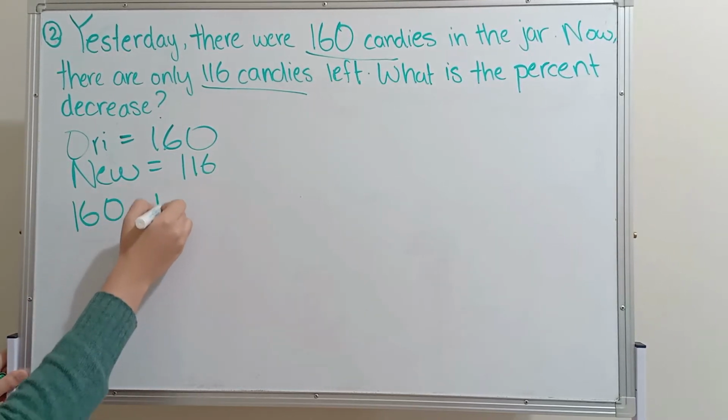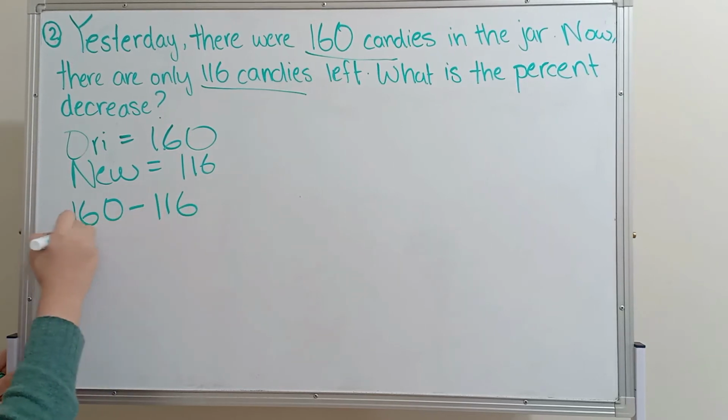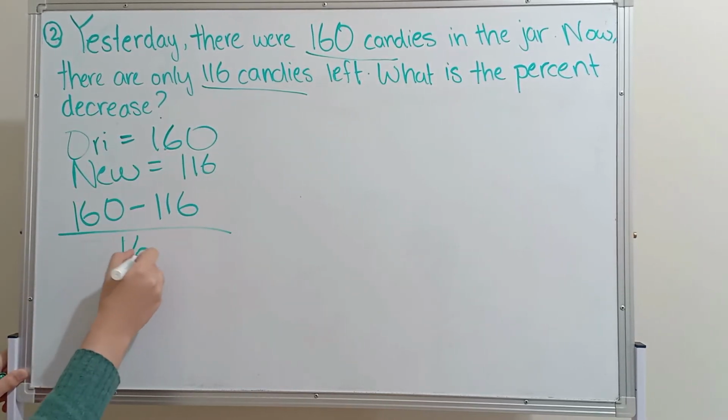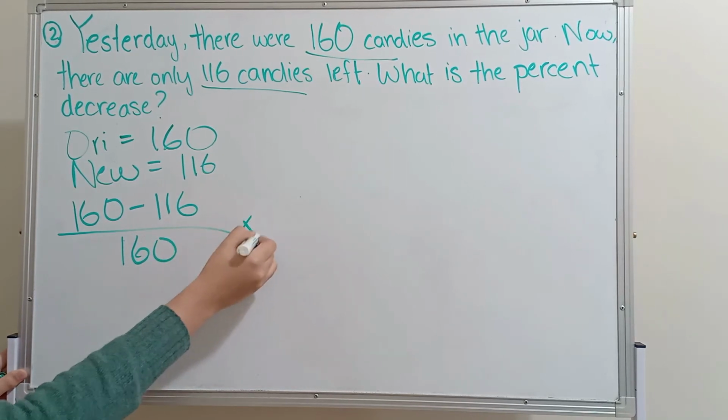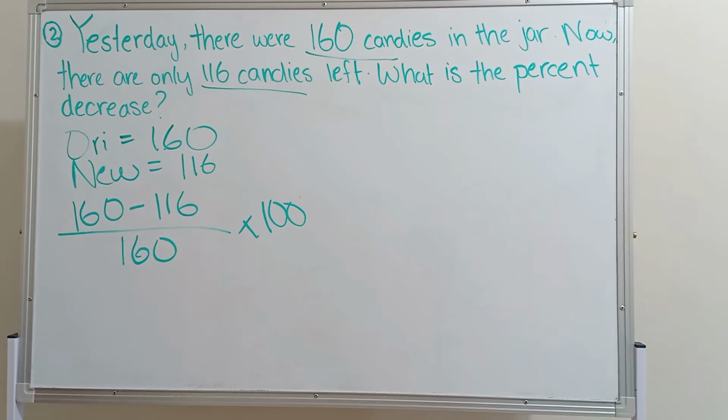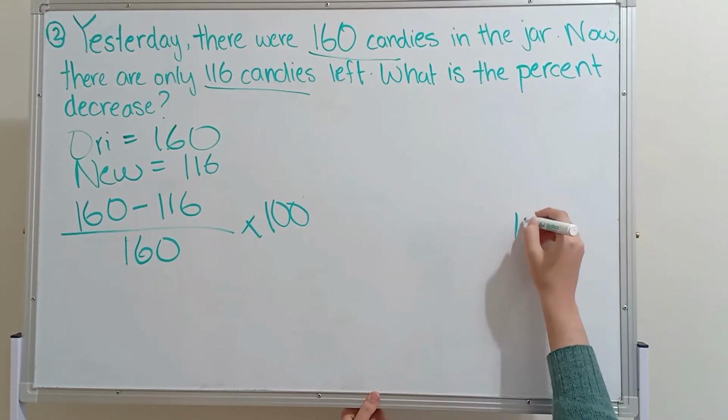Now 160 subtract 116. The original value we're going to divide by the original, and then later on multiply it by 100. So let's first subtract 116 from 160. So we're just going to quickly do it.